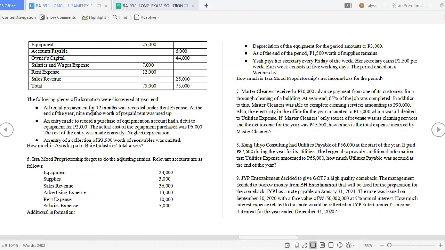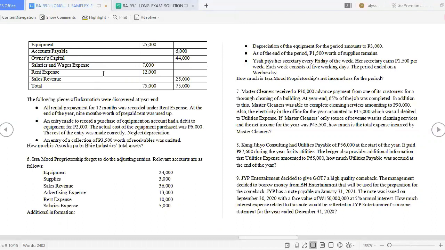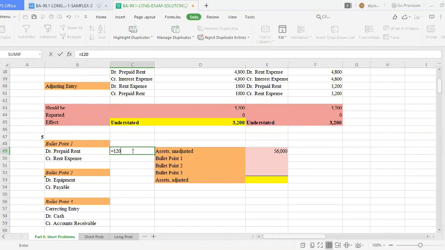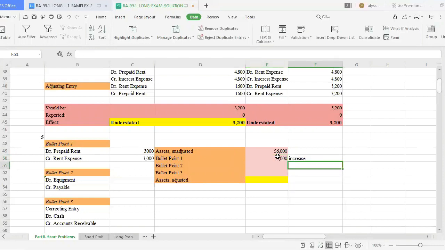We need to record that as assets. So rent expense is 12,000 times, we need to recognize the 3 months worth. So we get 3,000 additional asset. So it is increased.